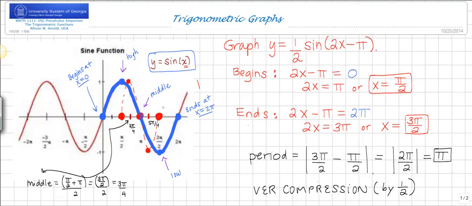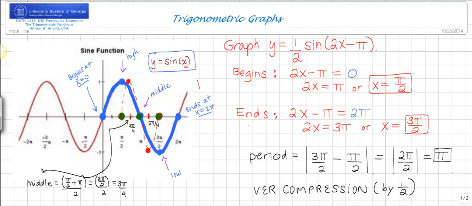Okay, so the last thing we have to take care of is the multiplication of 1/2, which is a vertical compression. So let's use another color, let's say green. The intercepts have a y-coordinate of 0, so if you multiply 0 by 1/2, you still get 0.